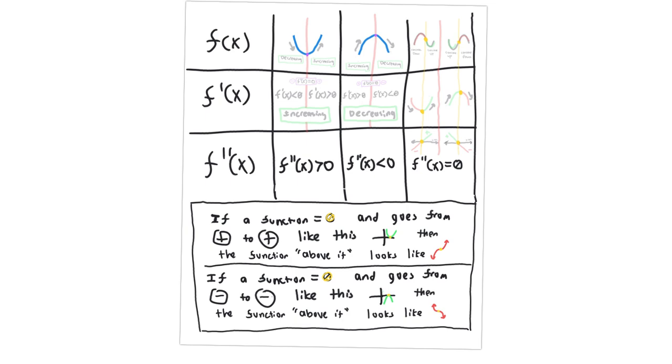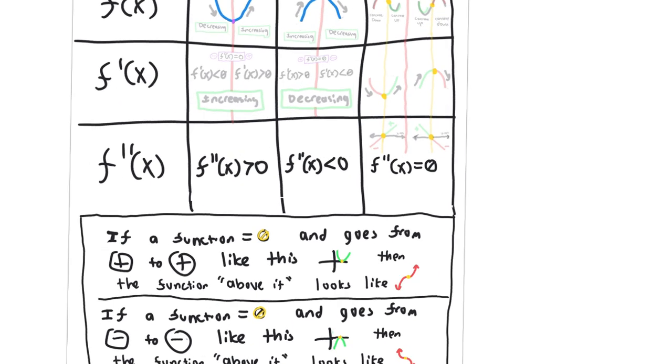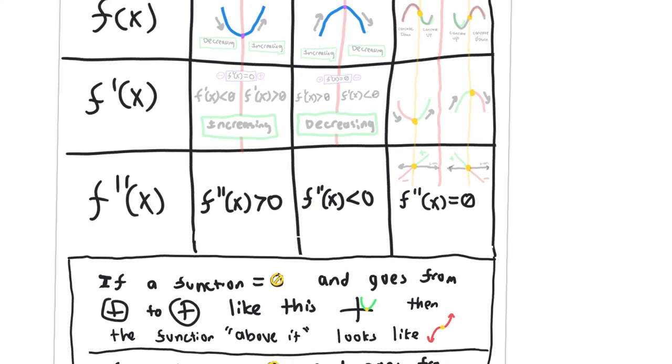And one concept you need for this problem is to recognize that when you're looking for points of inflection, what you're looking for is places on the graph of the second derivative such that the function equals 0, but not only that, it has to be these special places where the function crosses from negative to positive. So in other words, it goes through the x-axis. That's how you know you're dealing with an inflection point.